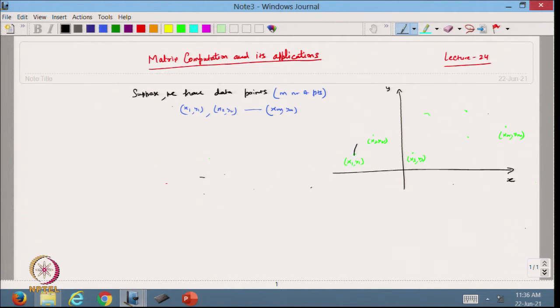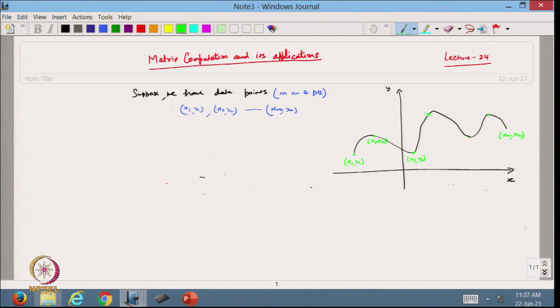Suppose this is the polynomial, going from here, then reaching here. Let us suppose I have this number of points, and I take a polynomial that is passing through these points.